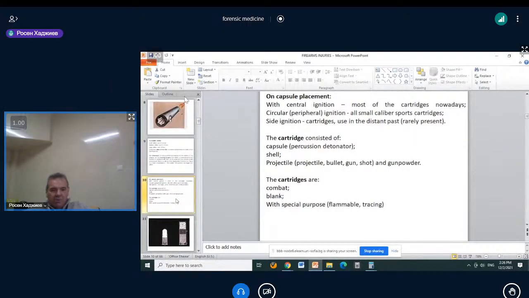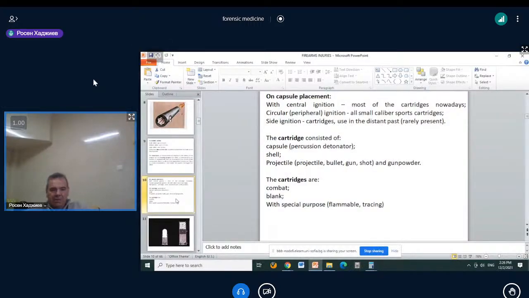On capsule placement, in what places is the capsule detonator placed? With central ignition, most of the cartridges nowadays, circular or peripheral ignition, and side ignition.